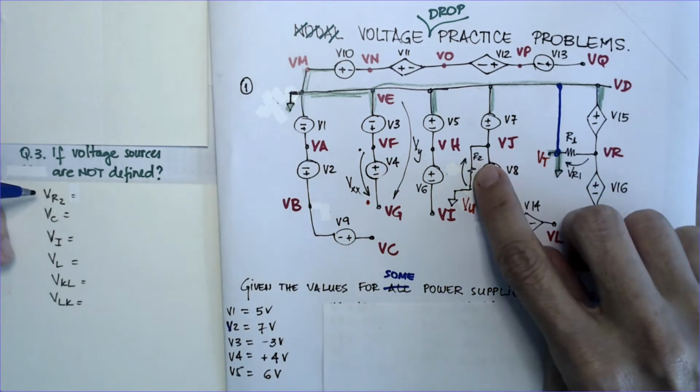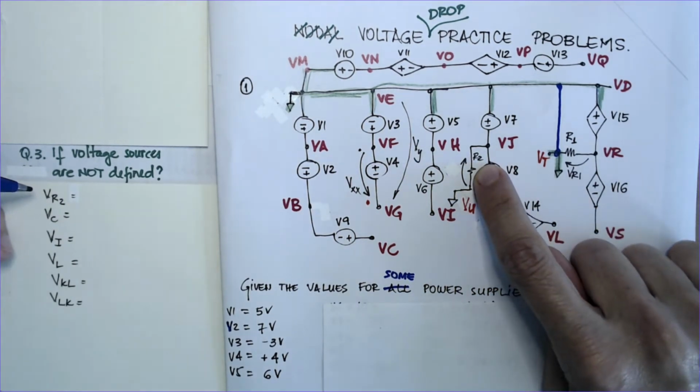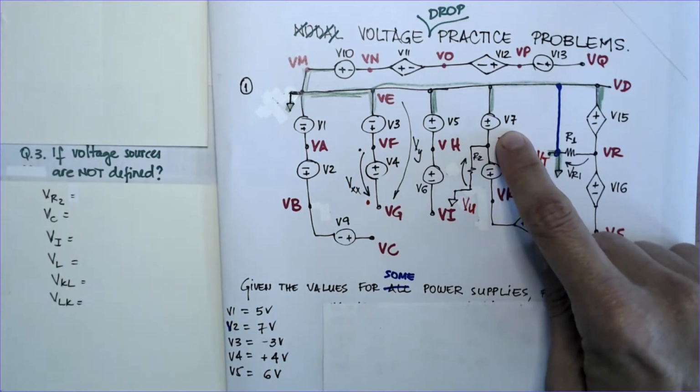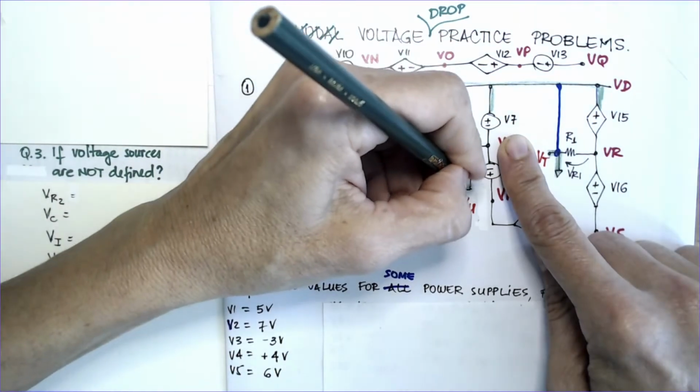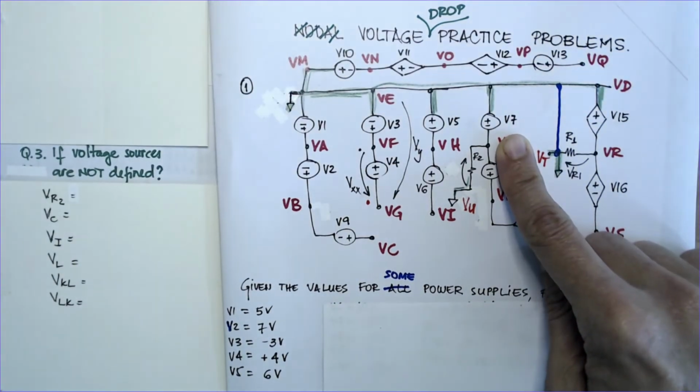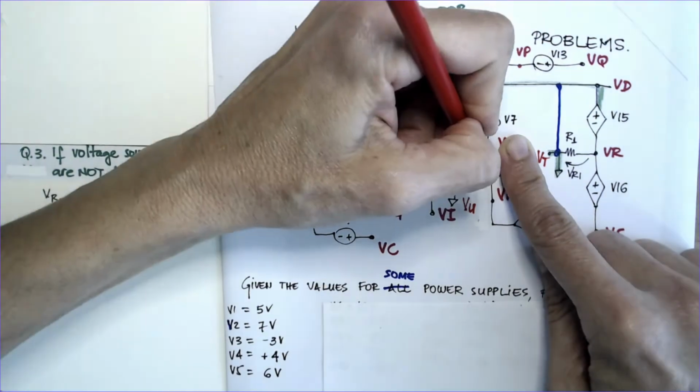VR2 is the first question. Here's the voltage across resistor 2. Resistor 2 is not defined. And it turns out this is in parallel with V7, because on this side is ground. This is the green side, and then I'm going to paint the other node red.